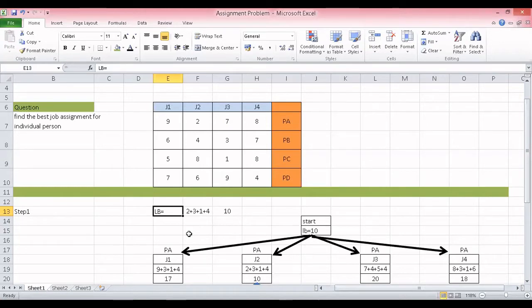You might ask, sir, when are we going to calculate the upper bound? Suppose we studied the knapsack problem, where a few items are given to us with weights and a bag capacity is given. We have to fill the bag with the items in such a way that we get maximum profit.